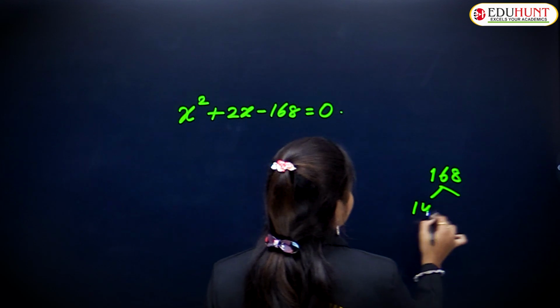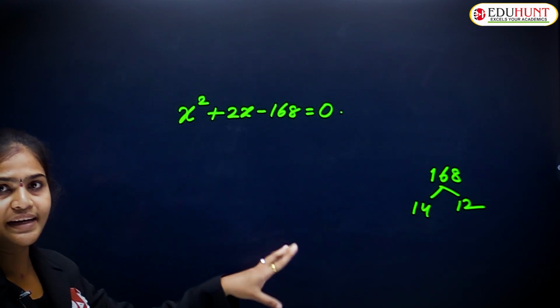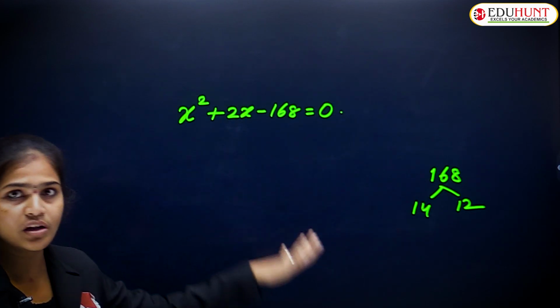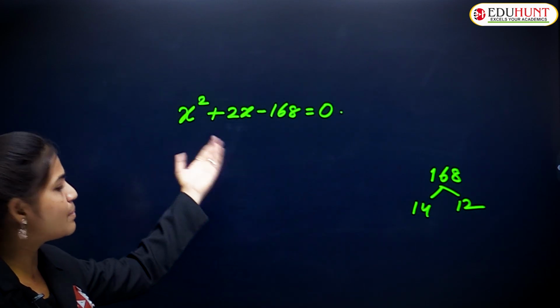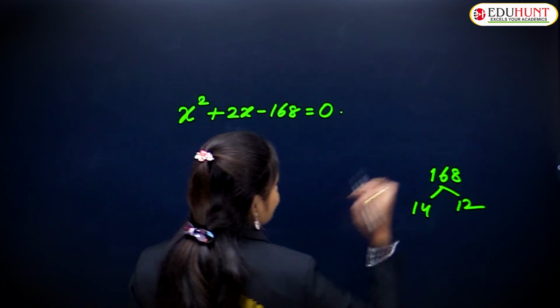So here I want to take 14 and 12. Possible or not? You already know how to take the factors. You have to check all the possible factors, or else you can get it by using the quadratic formula. So here 14, 12, 168.